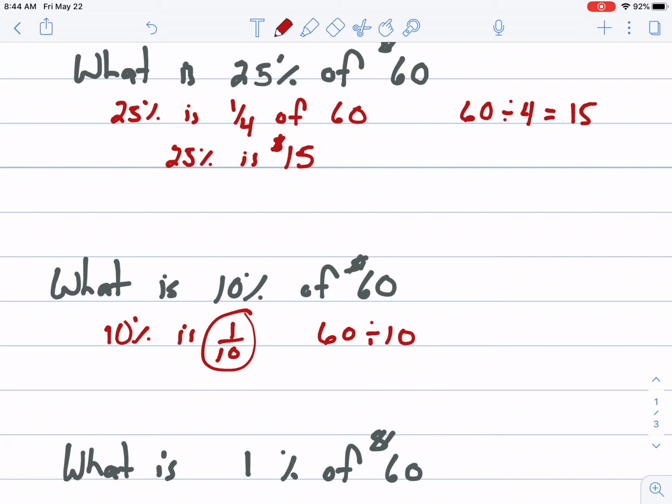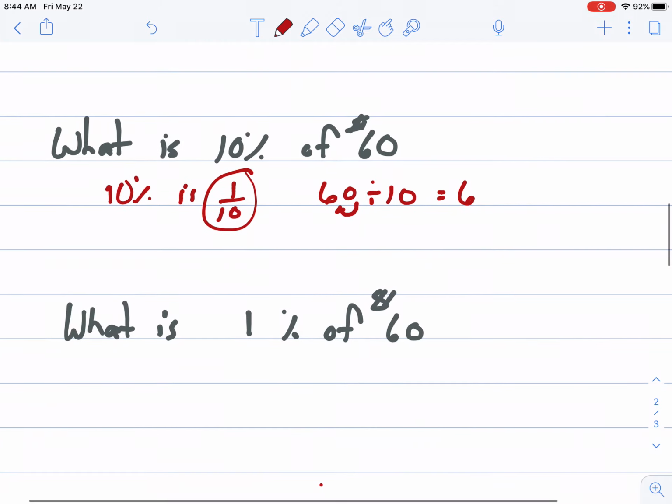So I'm taking a tenth of 60. Well, this goes back to those rules we were talking about before, and I can quickly and easily simply move my decimal back 1 unit, and I can say 60 divided by 10 is 6. And I don't need a calculator to do that. That's simply looking at a pattern. So now I know that 10% of 60 is 6.